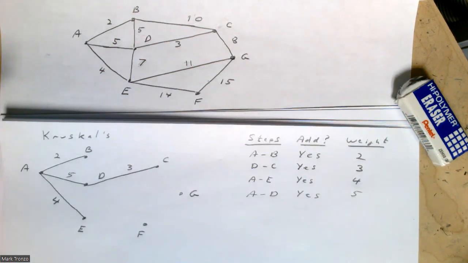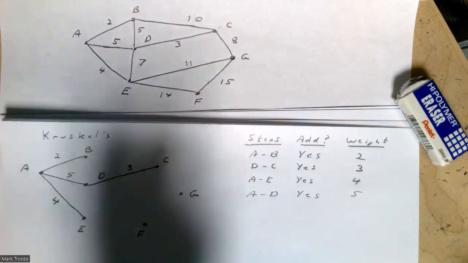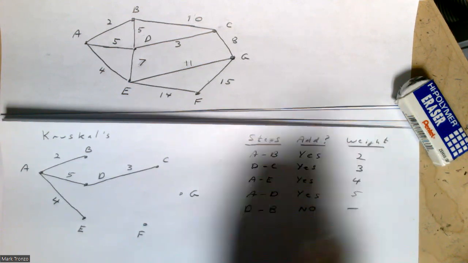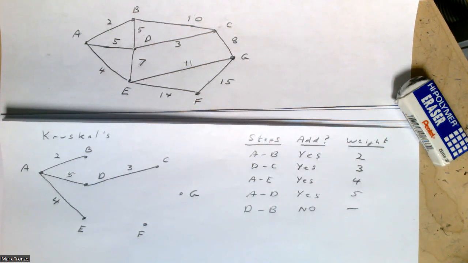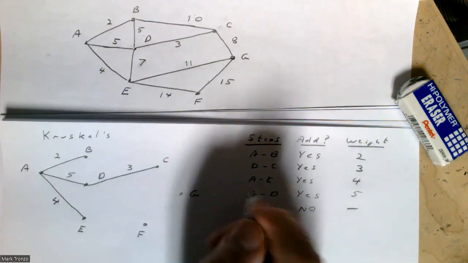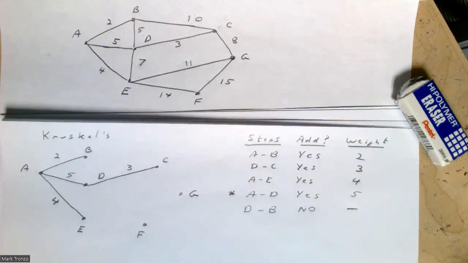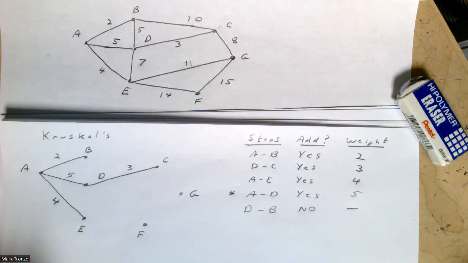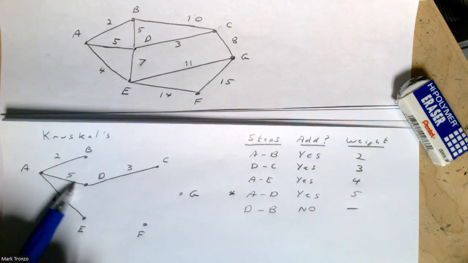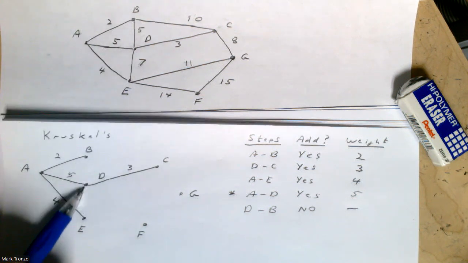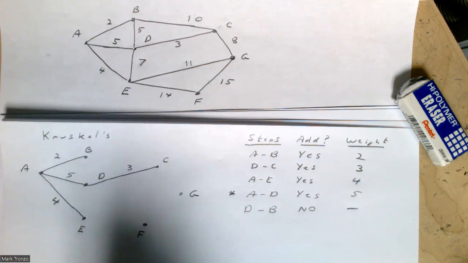Because notice if we add DB, we would make a circuit. So this time it's going to make a difference which order we did these in. So let me put a star over here to show this is where we made our decision. We picked AD rather than DB. And once we picked that AD, that closed this loop here. And so it would have made a circuit if we'd done BD or DB.